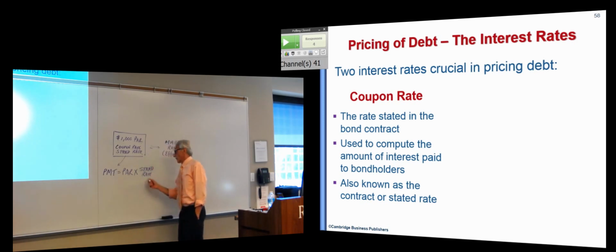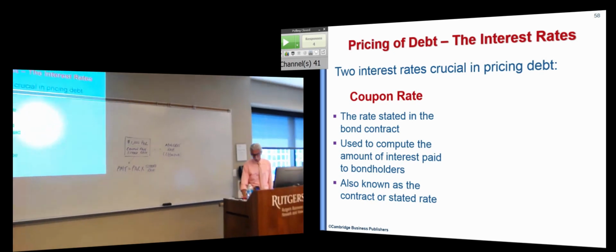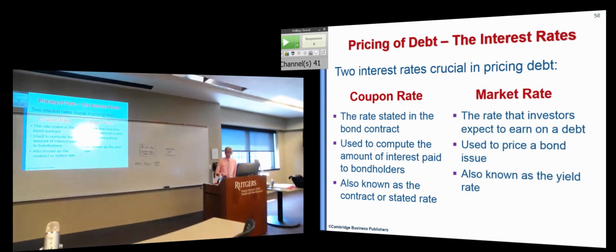That's the rate that we use to calculate the coupon or the cash interest, or the annual interest. The market rate is the rate we use to price the bond.